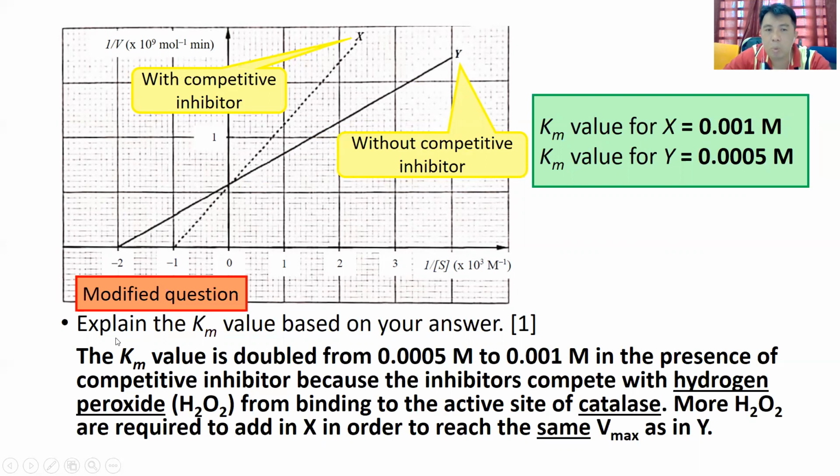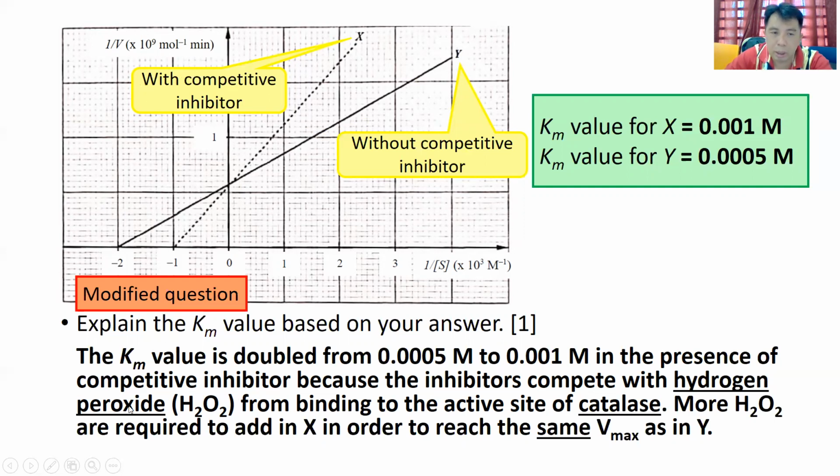You need to explain why the Km value for X is double. Like here, the Km value is double from 0.0005 molarity to 0.001 molarity in the presence of a competitive inhibitor. Not only inhibitor, competitive inhibitor. Then you explain: because the competitive inhibitor competes with hydrogen peroxide.